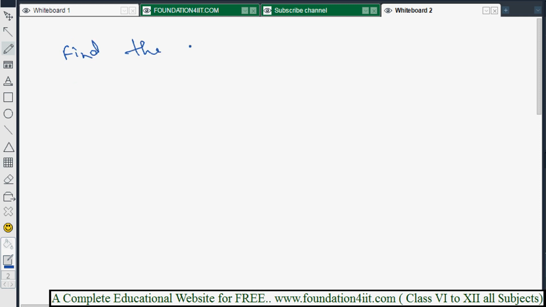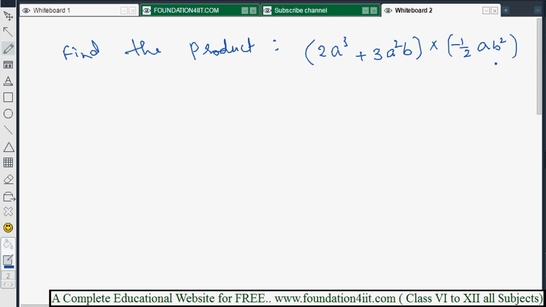Find the product of 2a cube plus 3a square b, which I should multiply with minus 1 by 2 a b square. The same rule which I explained for multiplication of monomial with monomial will apply, but first we need to distribute this for both.